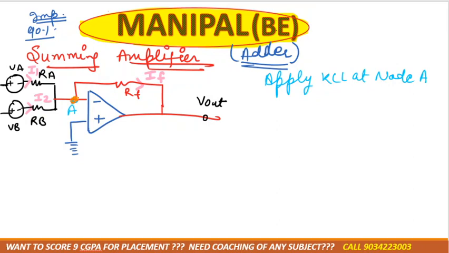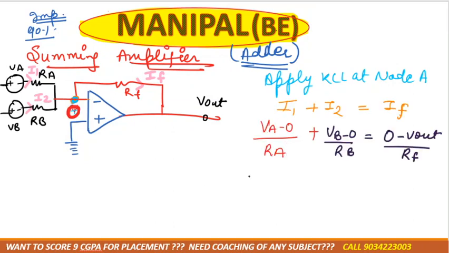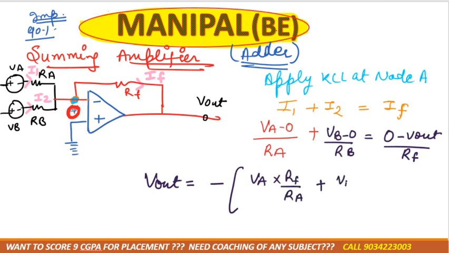The node which is connected with the negative terminal, we will generally take that node. So after solving it, we get V out is equal to minus, we'll take it common, VA into RF by RA plus VB into RF by RB.